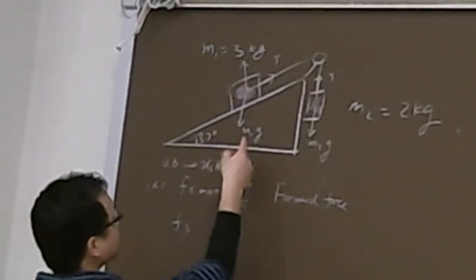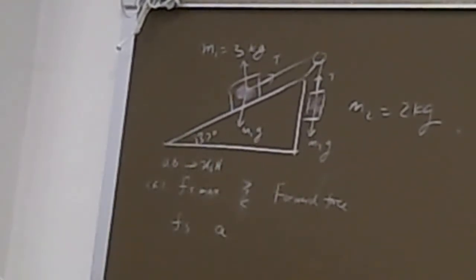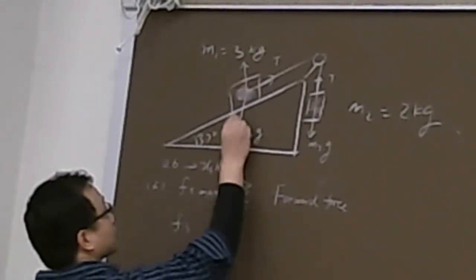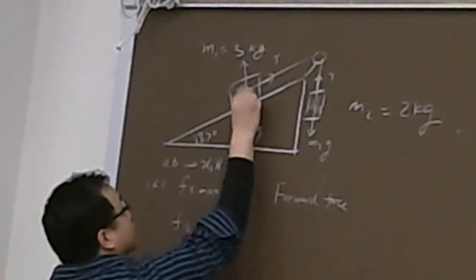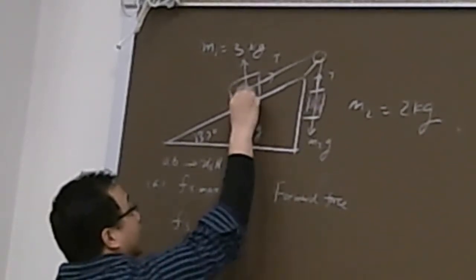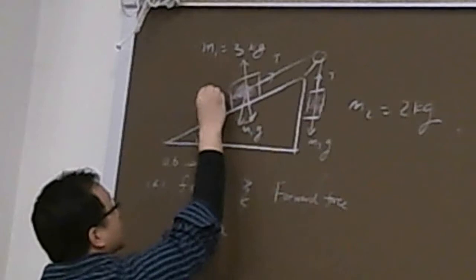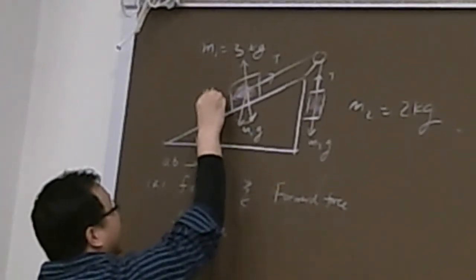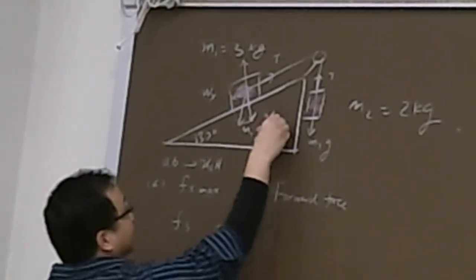Okay, so in this case, we have to decompose the weight for object 1, m1g. So we will get this force and this force. This we can call Wx, this is Wy.